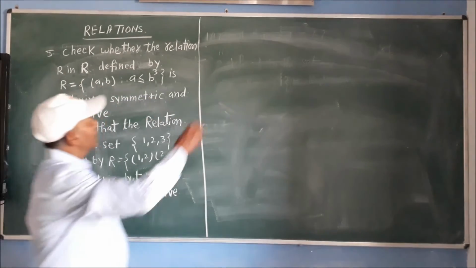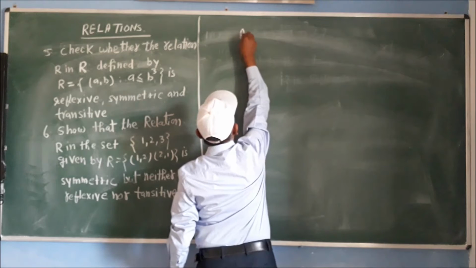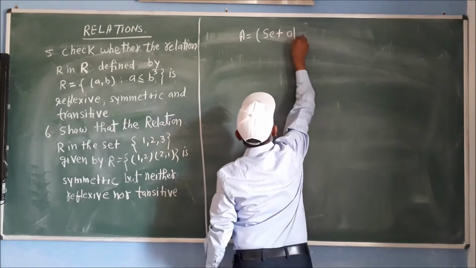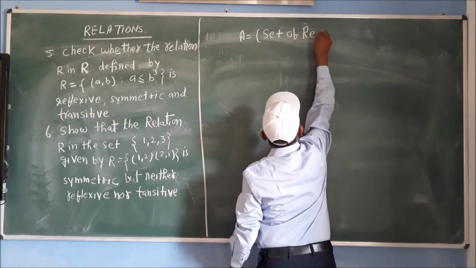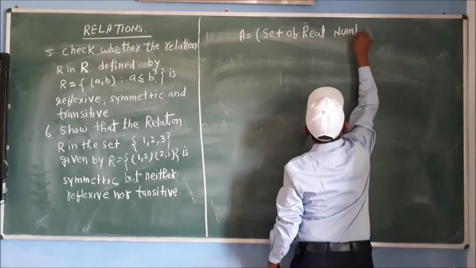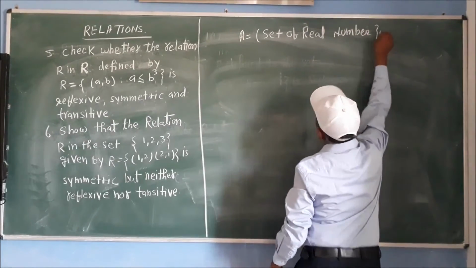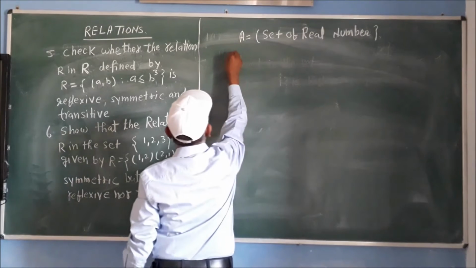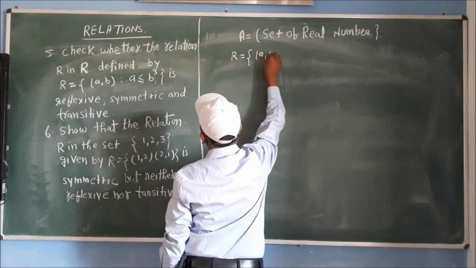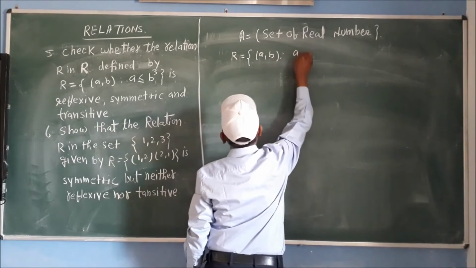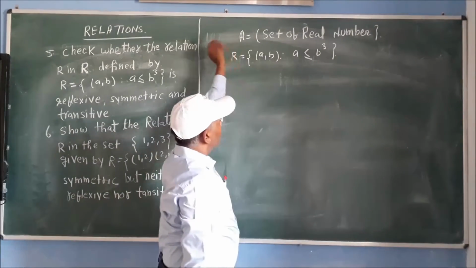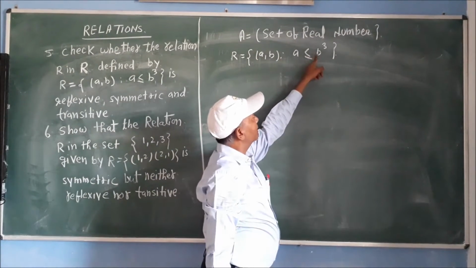So here, given A is a set, and this set is the set of real numbers. Real numbers means positive, negative, rational also. So here A is the set of real numbers and the relation R is given: R = {(a, b) such that a ≤ b³}. The condition is given: the value of a should be smaller than b³.